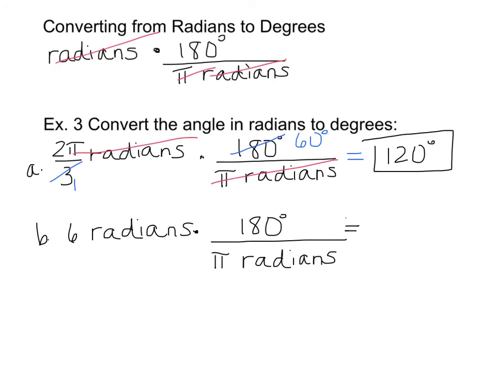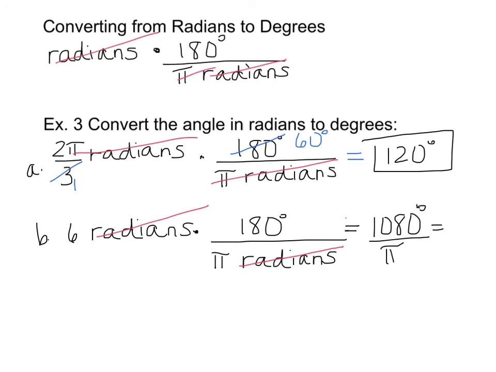Now, be careful, because I know you have a tendency to just cross everything out, but notice only the radians cancel. So we still have pi in our denominator. So we have to do 6 times 180 degrees, so we have 1080 degrees, but we still are dividing that by pi.